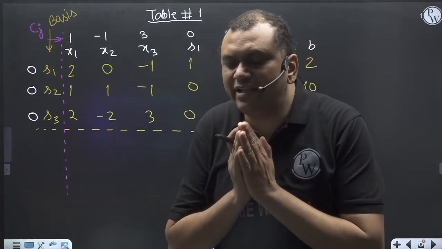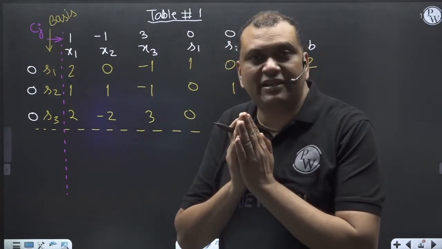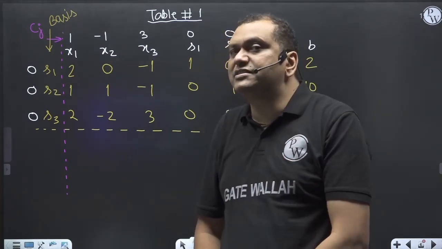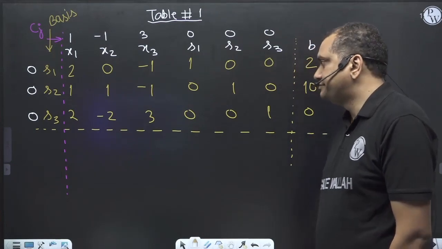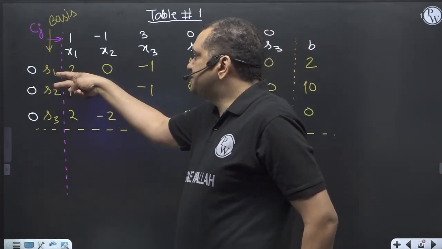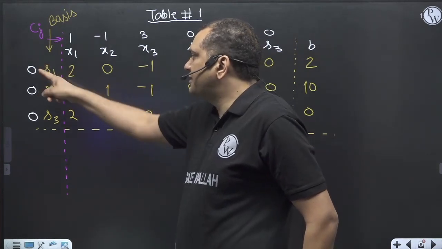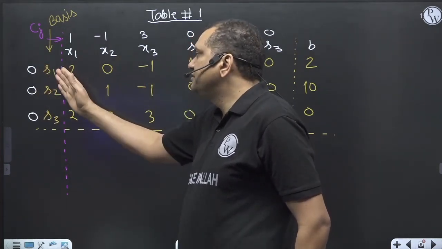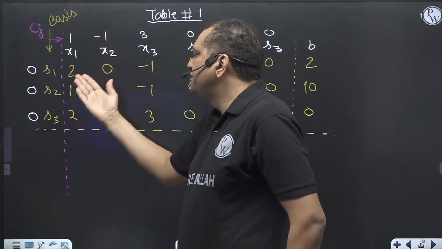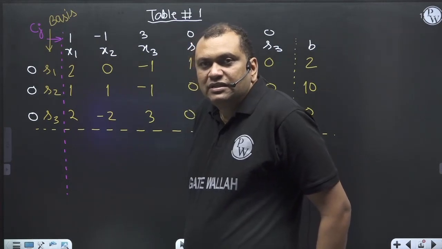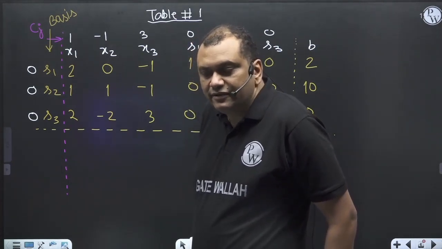At any stage of the simplex table, coefficients of these variables in the objective function are written on the left hand side. Okay.